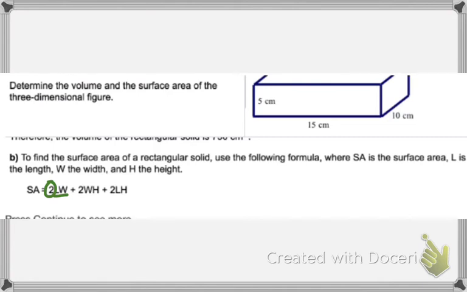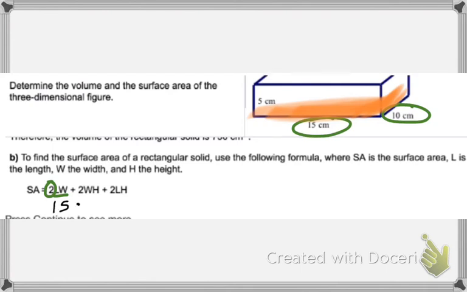You're really doing exactly what I just did in the problem. If this is your length and this is your width, you're basically finding the area of the bottom of the box. You can't really see it in the diagram, but the 15 and the 10 tell you how wide and long the bottom of the box is.